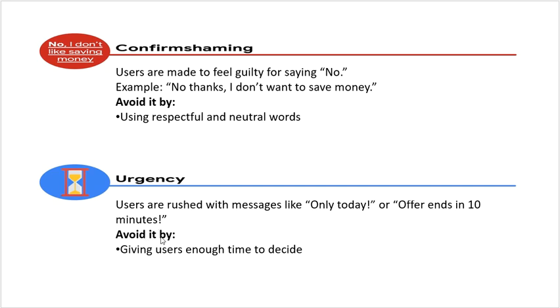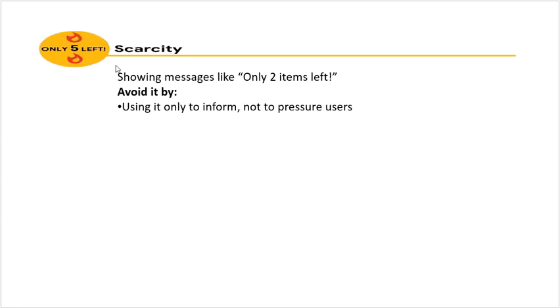Avoid it by giving users enough time to decide. And scarcity is the last, showing a message like "only two items left." Avoid it by using it only to inform, not to pressure the users.